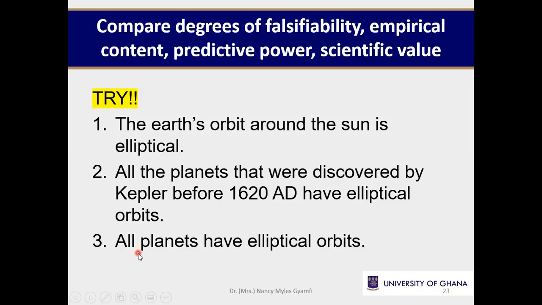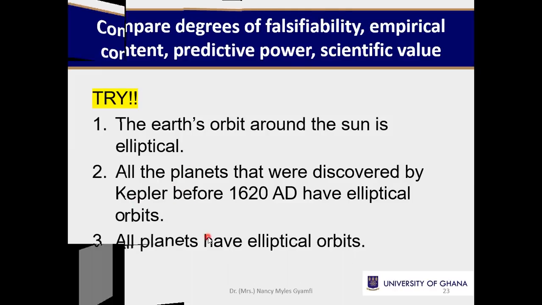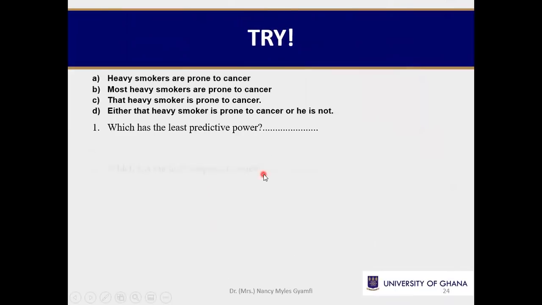So you see that for scientific value, 3 has more. It has more empirical content, like I've already said. Predictive power can easily be made false than the second statement. And that one too has all of it than the third. Very good. So you should now have a firm grip, I think, of what it means to have empirical content, predictive power.